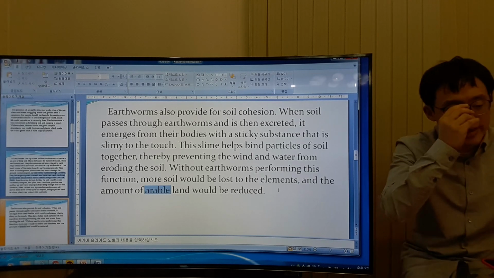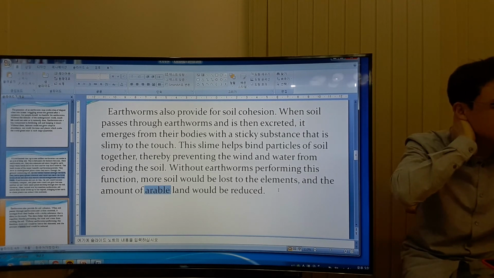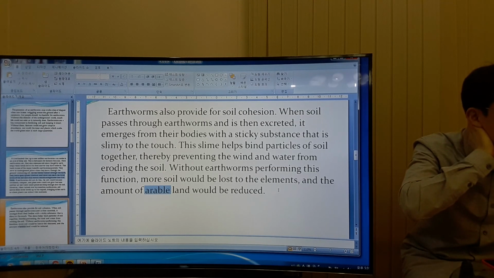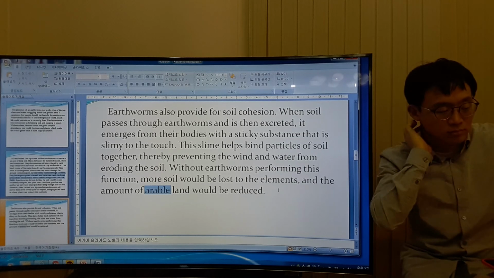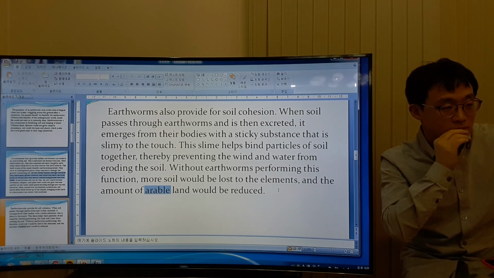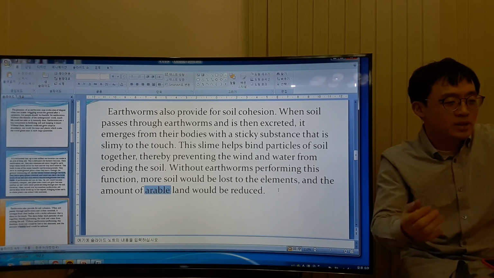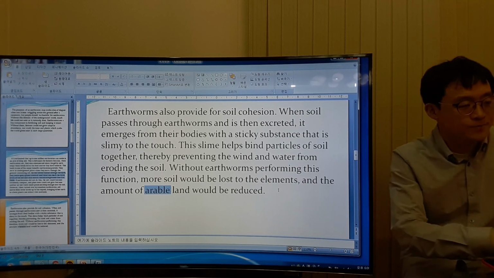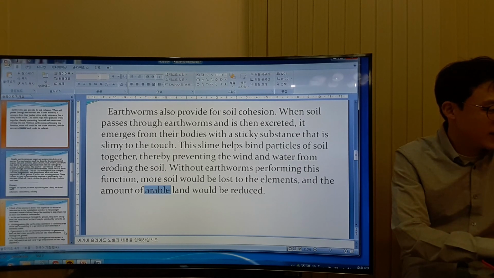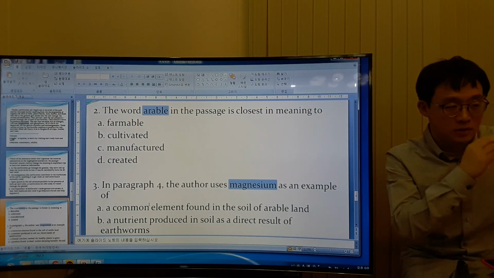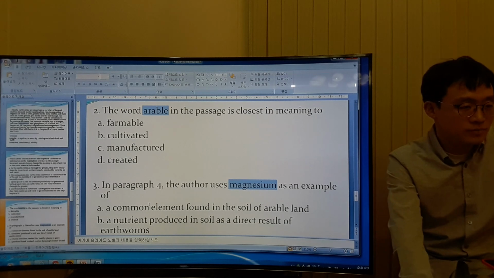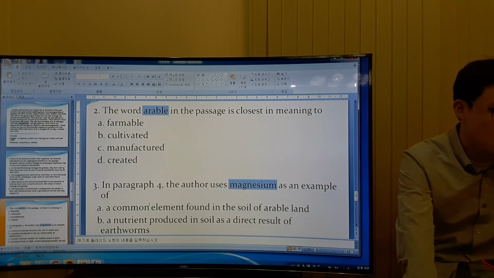So this is a land which can be what? Which can be used for a good purpose. So you can find that. Farmable. Okay. So this is farmable, a good answer, appropriate one.